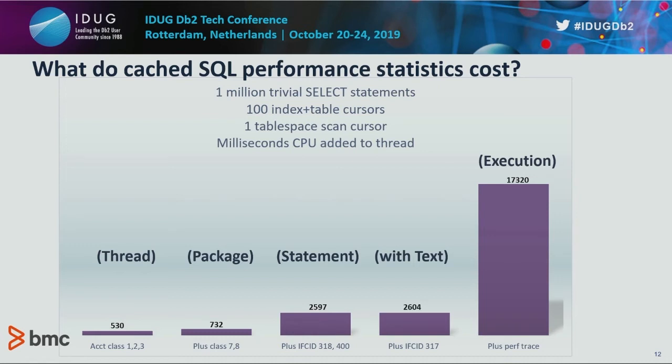And then for package, you can see when I added classes 7 and 8, it bumped up just a little bit. And then this third bar is what I'm talking about today, the activation of these cached SQL performance numbers to get the performance numbers at that statement level. So definitely an increase there.